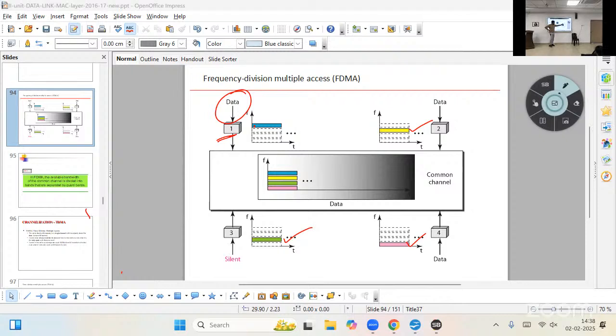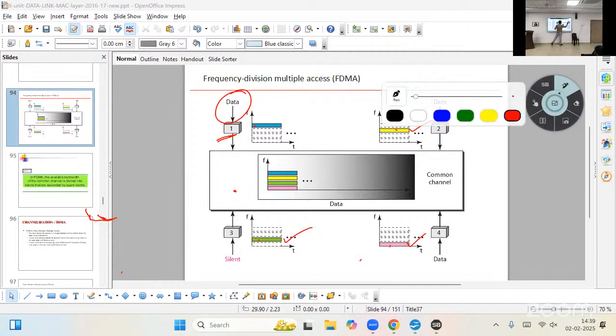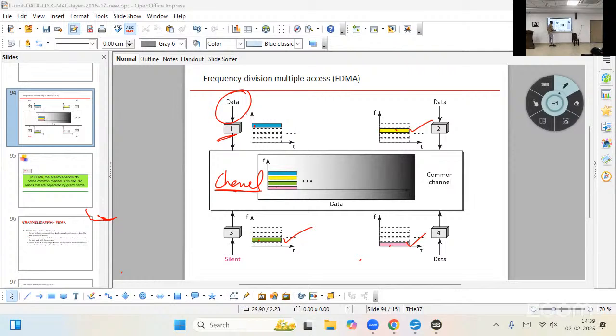The second frequency is used by the second node, the third frequency by the third, and the fourth frequency by the fourth node to transmit the data. They are allocated a particular channel. This is the channel. This is the color, and these are called frequencies. Based on the allocated frequency, they will communicate.